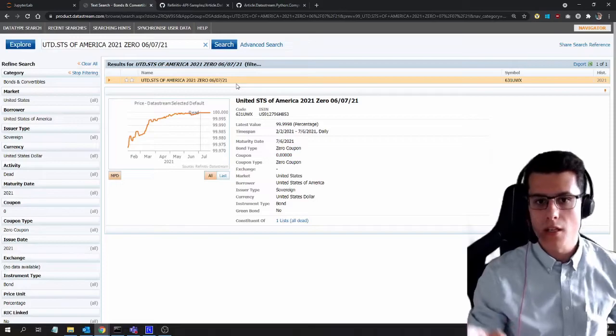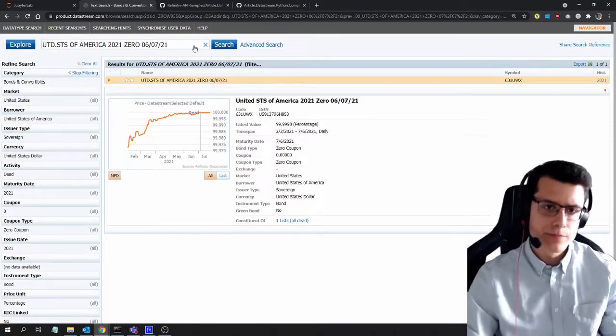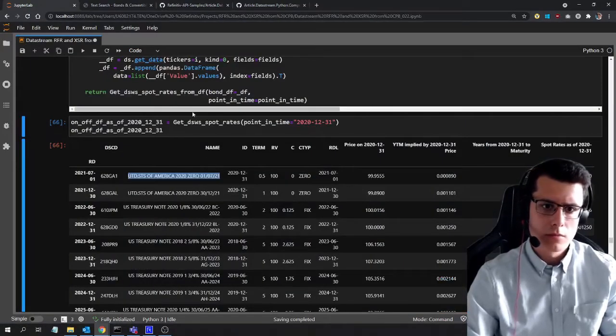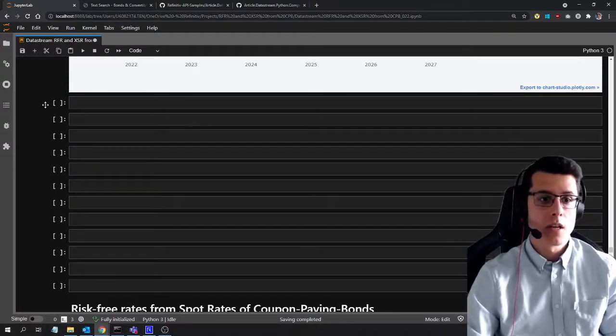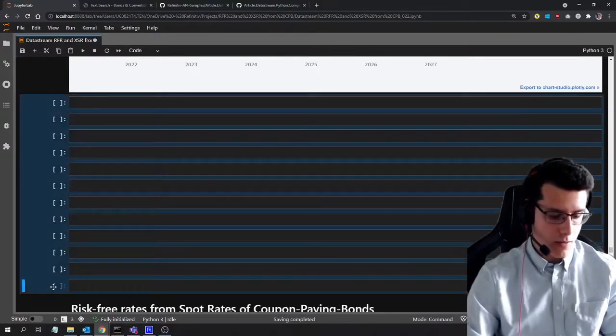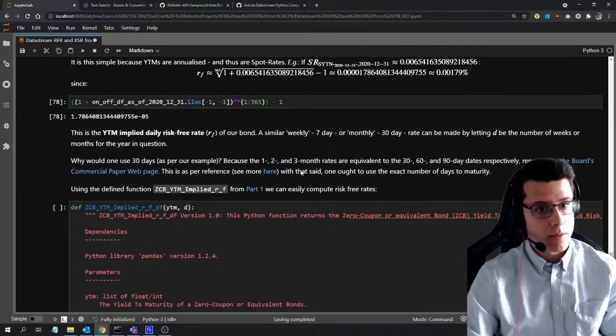Once that's repaired, we'll update this part 2 article into coupon paying bonds with Datastream. Yes, let's do that. All right. In that case, what we're doing here is deleting that. If you're interested in the compounding, we're looking at this equation. For example, we've got that.